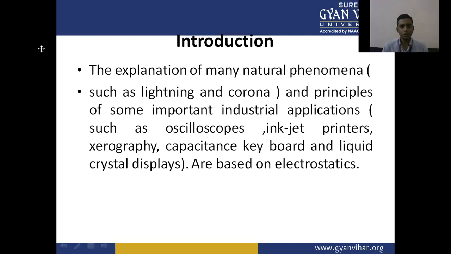The explanation of many natural phenomena such as lightning and corona, and the principles of some important industrial applications such as oscilloscopes, inkjet printers, xerography, capacitance keyboards, and liquid crystal displays are based on electrostatics. So these are the applications of electrostatics.